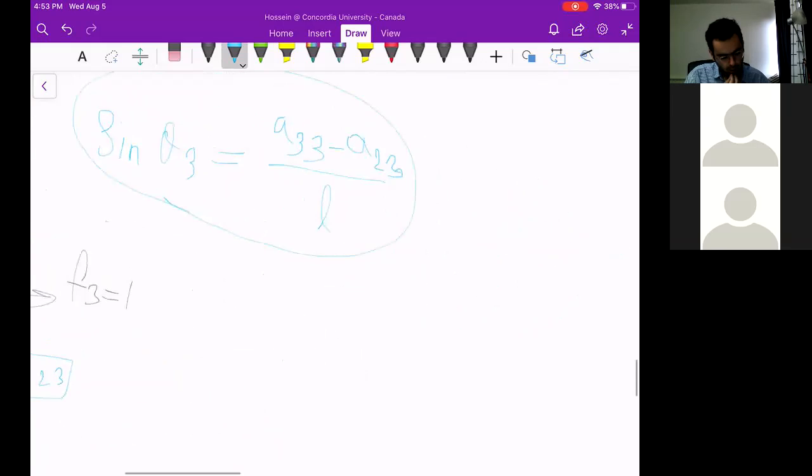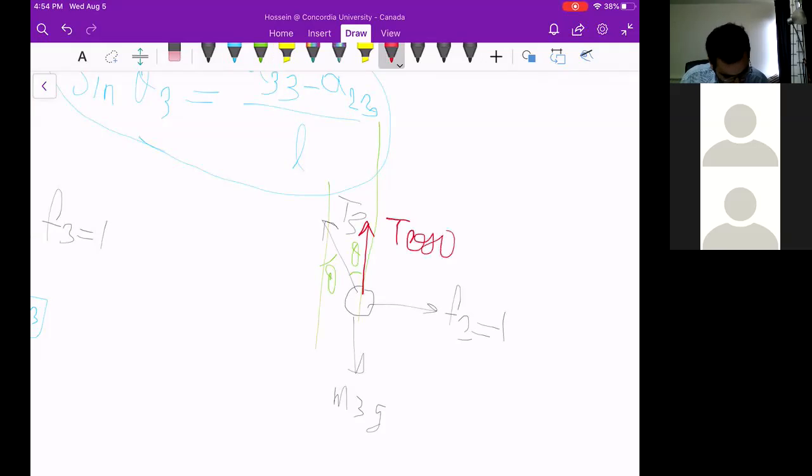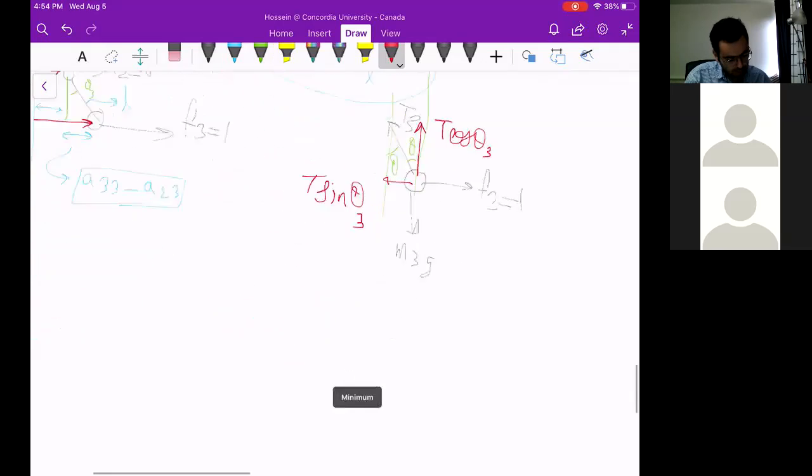So you need to find sine of theta 3. In order to find sine theta 3, you need to draw a free body diagram for the third mass. There is only m3g pulling on the third mass, a unit force to the right, and the tension in the string, let's call it T3. This is theta. If I project T in the two directions, T cosine theta and T sine theta, similarly you could take advantage of the previous sections.